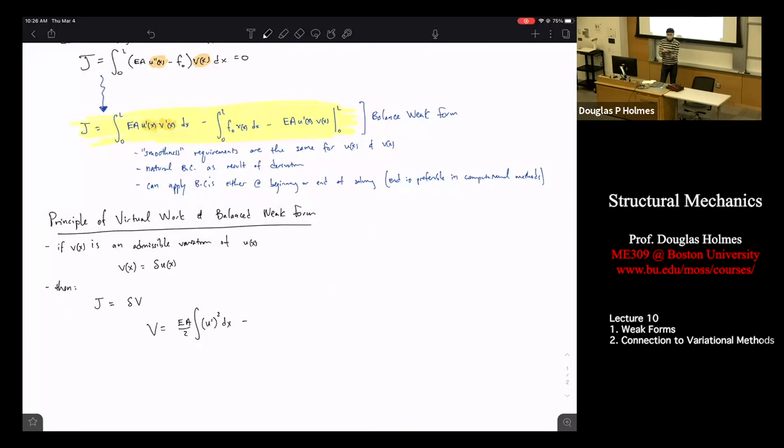What's the work? The work is going to be f of x times u of x times the integral from 0 to L dx. The first variation is then going to be equal to EA times the integral 0 to L of U prime delta U prime.